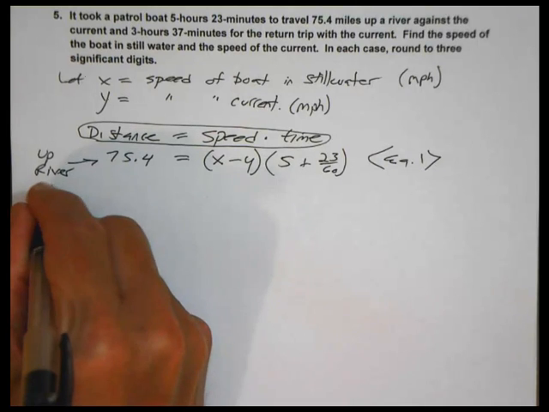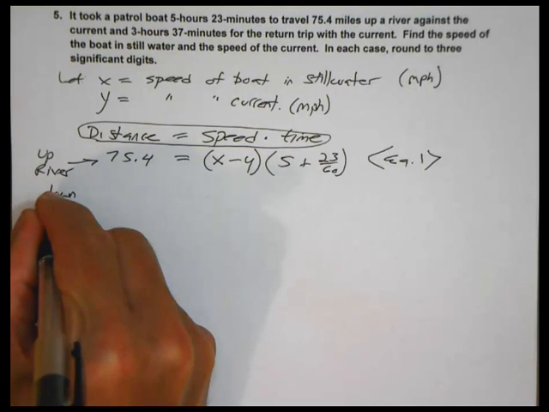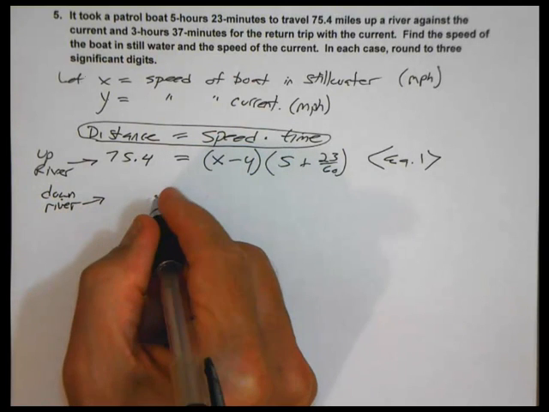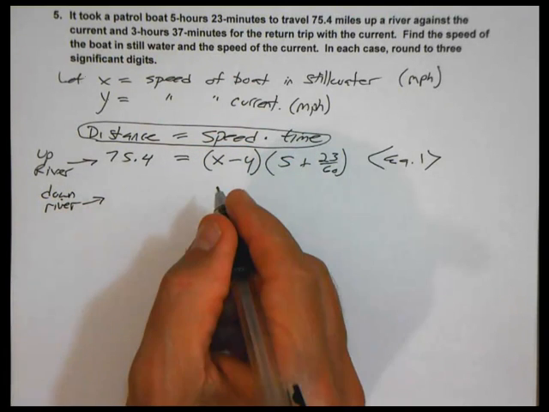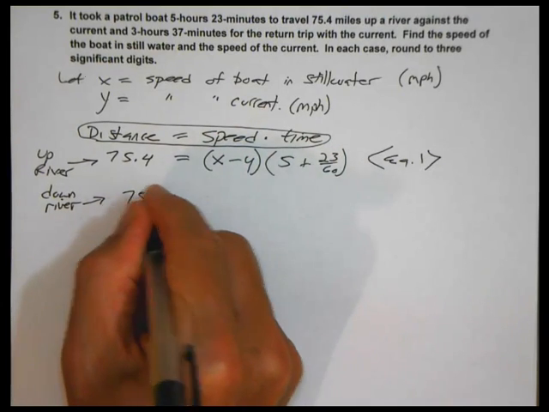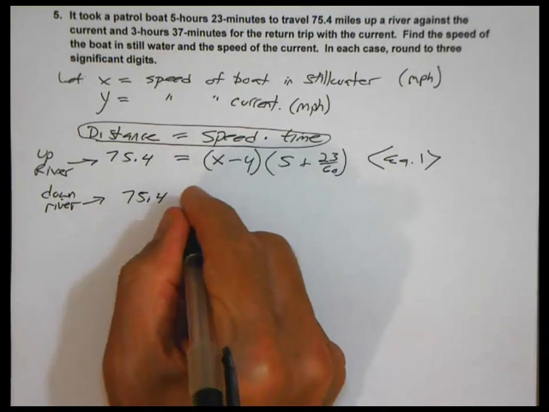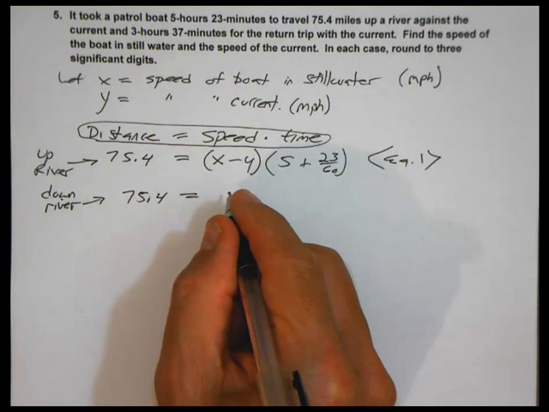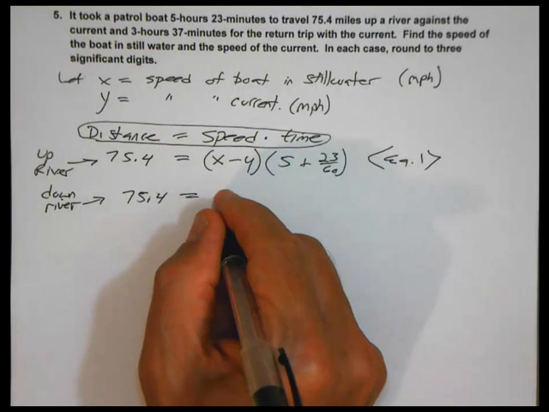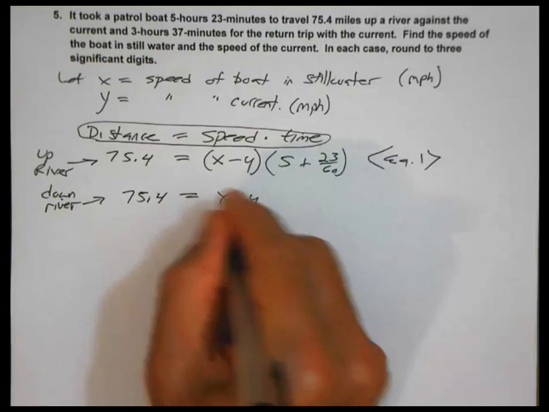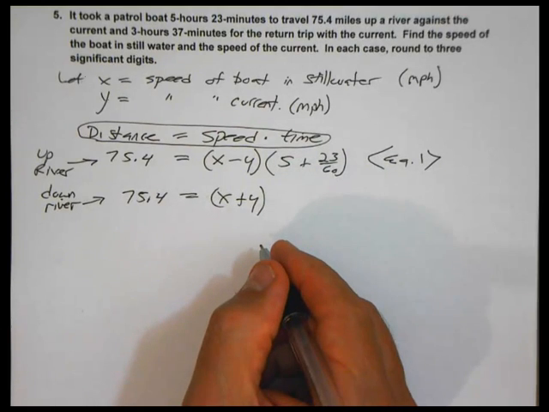Now let's consider down the river with the current. What do we have here? Well, the return trip has the same distance. As far as speed, when traveling with the current, you would have the still water speed of the boat plus the water current adding together to give you your speed.